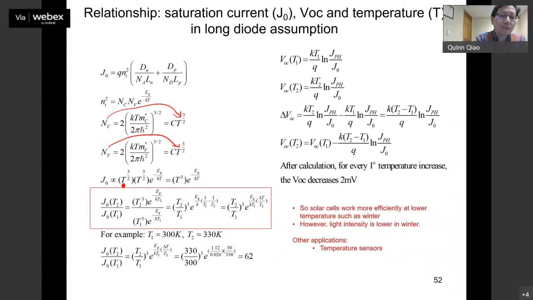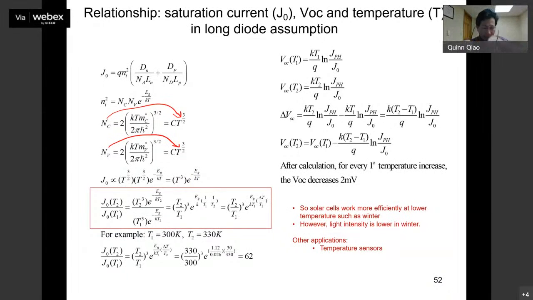Also a function of T, right? Then that GIAN is proportional to T to the power of 3, and then multiplied by e exponential minus the band gap over KT, okay?